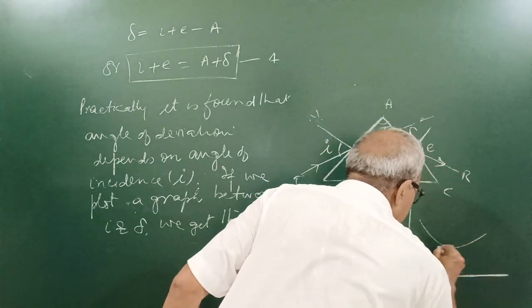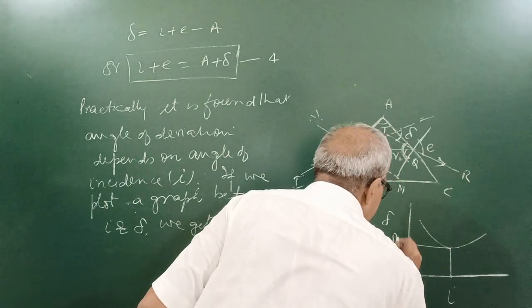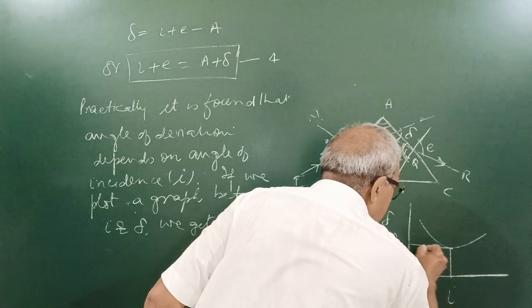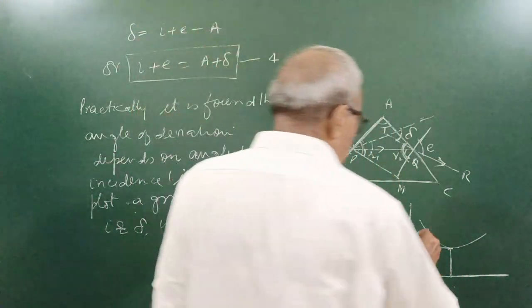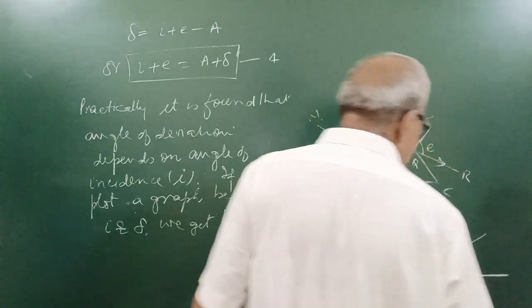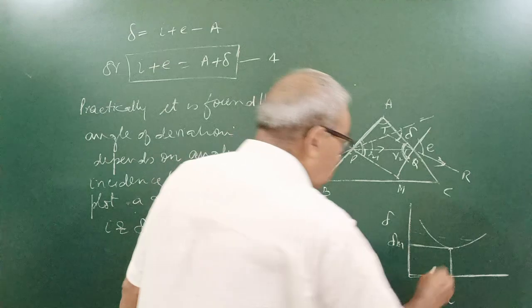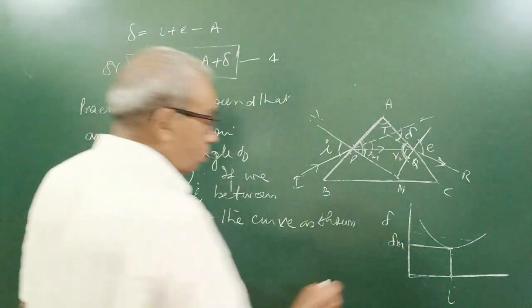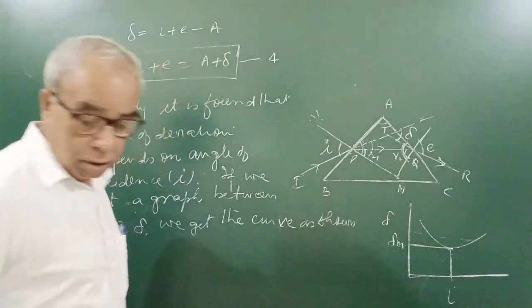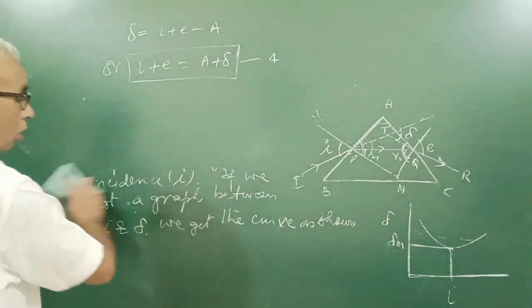Here it is delta m, the minimum value of delta. For two angles of incidence there may be two deviations, but for this particular angle there is a single deviation which is the minimum one, and hence it is called minimum deviation.